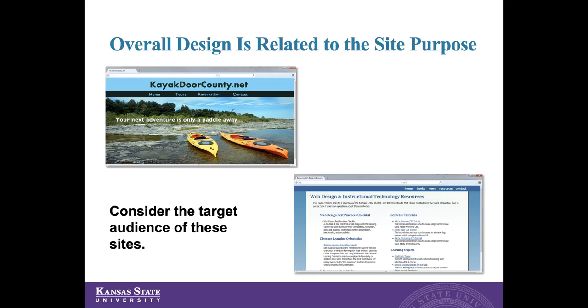And also the age of the audience as well. Is it going to be geared towards older people, retired seniors, or is it going to be for teenagers? Those are going to look different with the types of colors you use, the font choices, those different things.